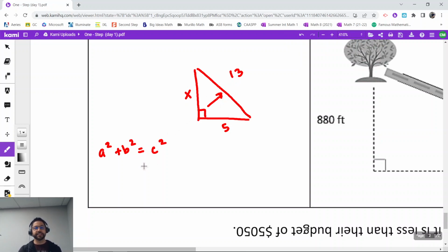We got 13 there, squared, equals x squared plus 5 squared. So if you remember though, it is a triple. If you did not know it was a triple, you would have to finish the work to find out that the missing side, A or B, is going to be our 12.